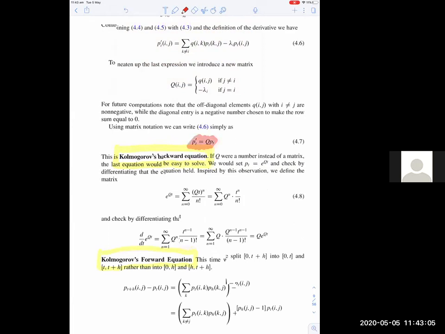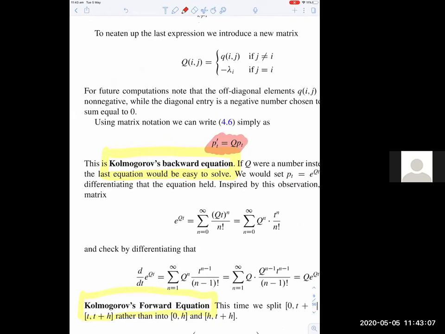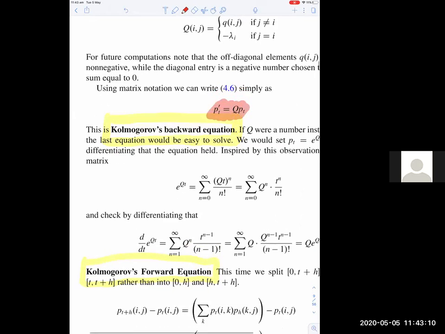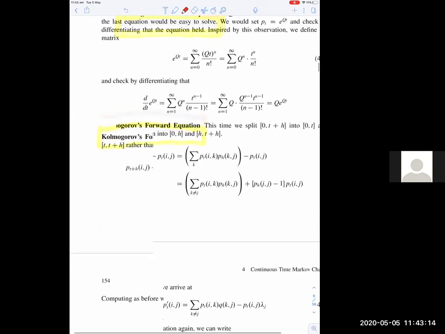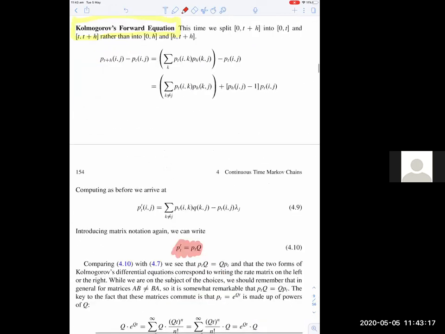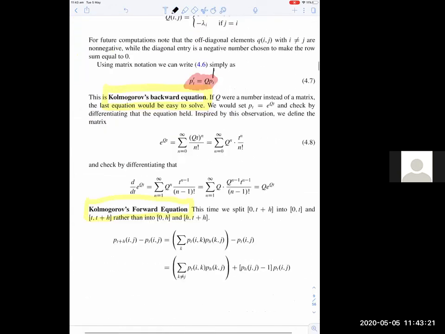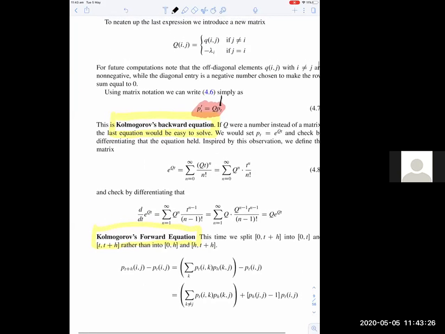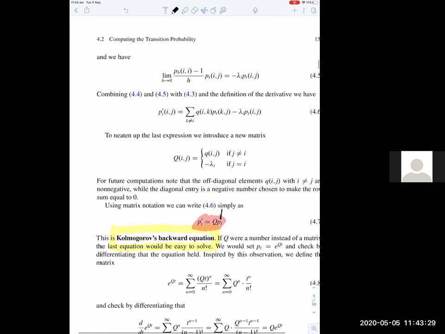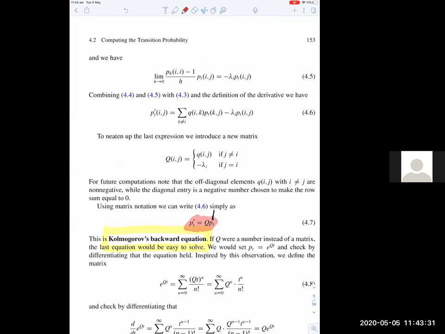Here is the backward equation, and the forward equation looks similar. Look, this is the forward, you've got the P here. This is the backward, you've got the P there. And this is the derivative. What is this Q? This Q is a matrix which naturally encompasses the rates, and it's called the generator matrix.